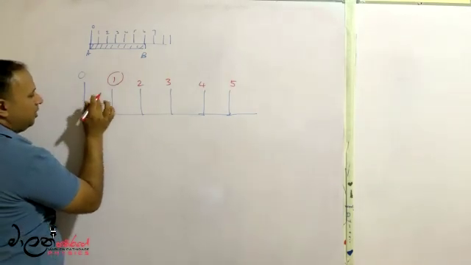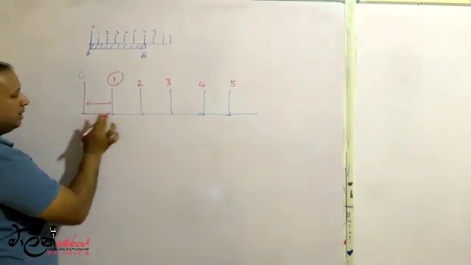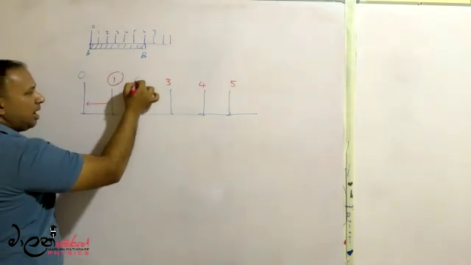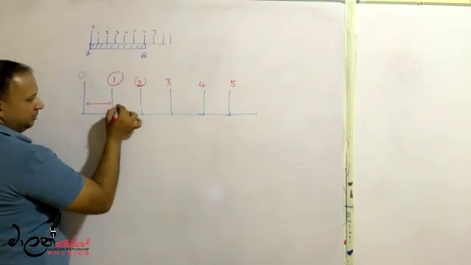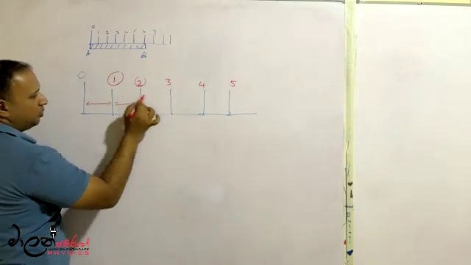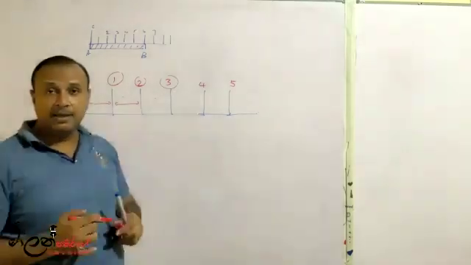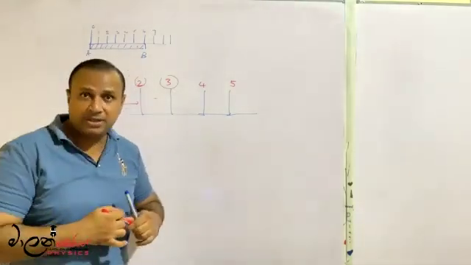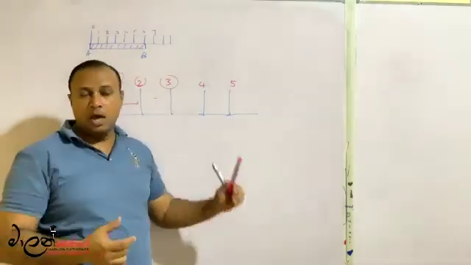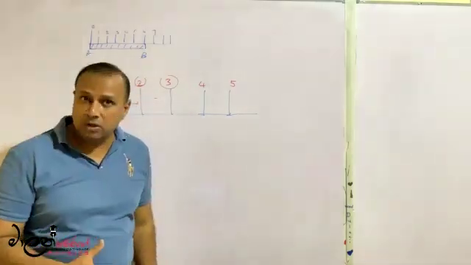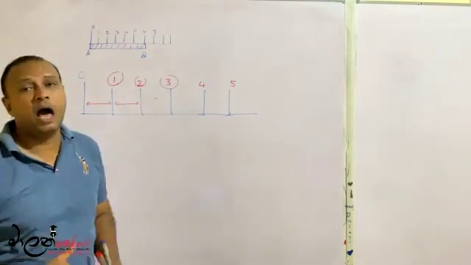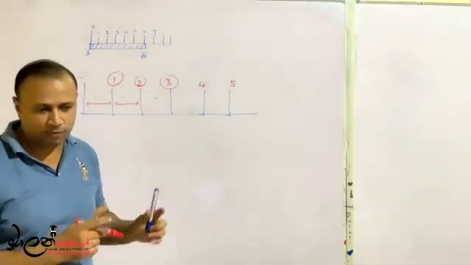There is only 1 gap up to this point. There are 2 gaps up to this point. There are 3 gaps up to this point. Therefore, this number represents the number of gaps up to this point. 1 gap is equal to the least count of that particular instrument.